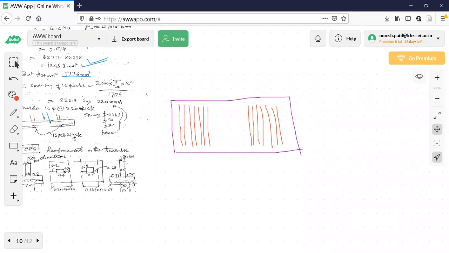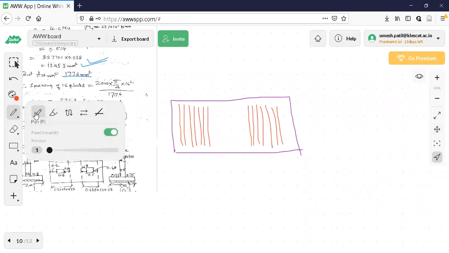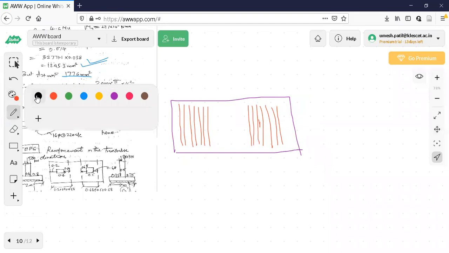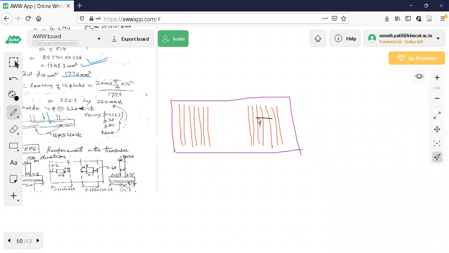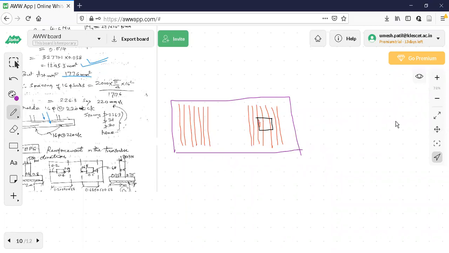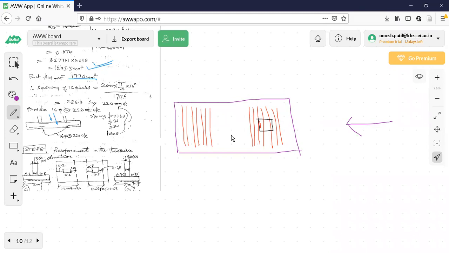Now I'll draw one more figure. Observe here why it is required. Let us say this is the column here. I'll draw the side view of this. If you see from this direction, how the elevation looks.